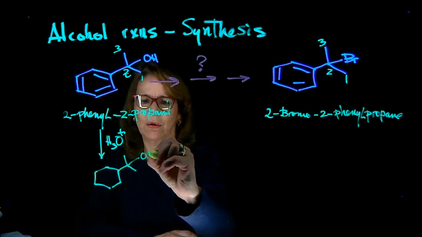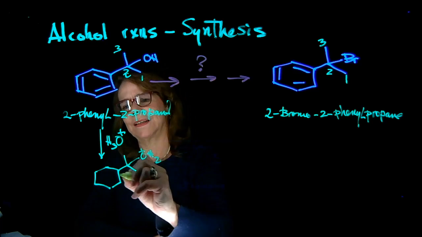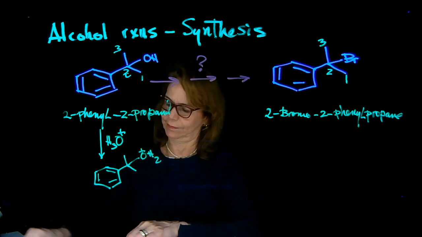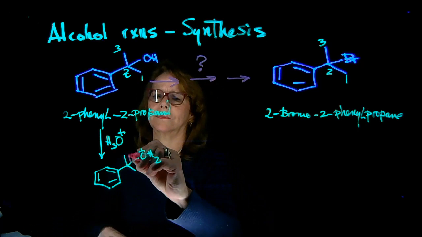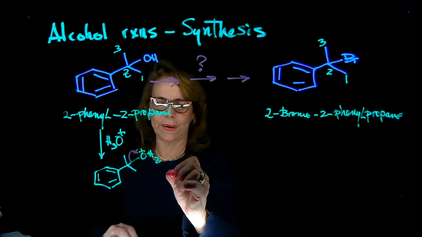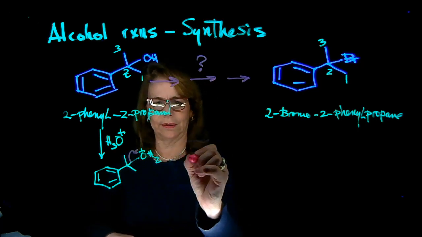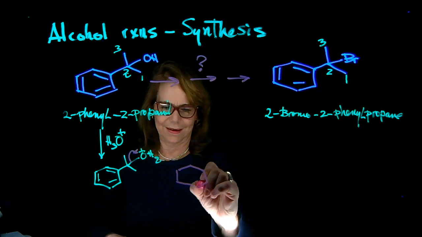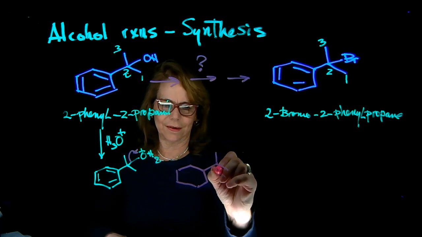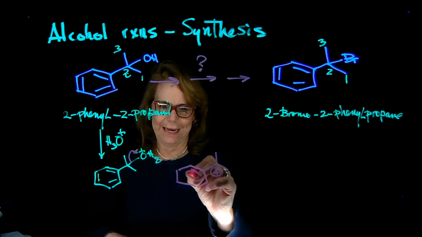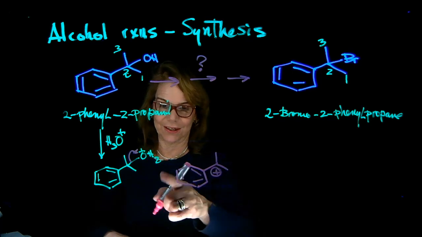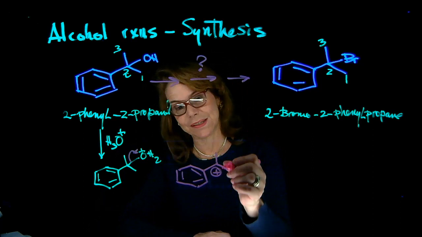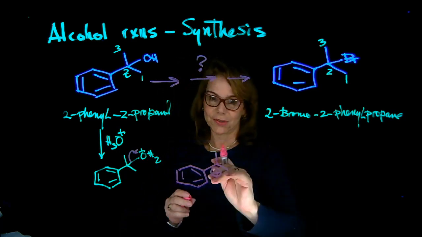You will have water, and this will depart, and you will form a stable carbocation. Notice this carbocation is tertiary and also next to a benzyl group. So it is benzylic and tertiary. All right, very stable.